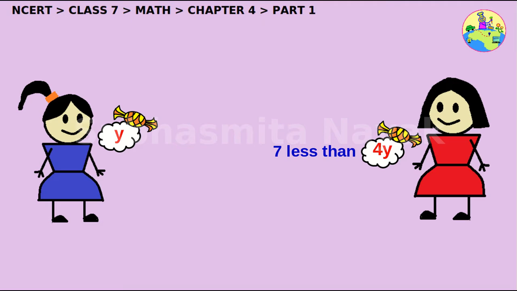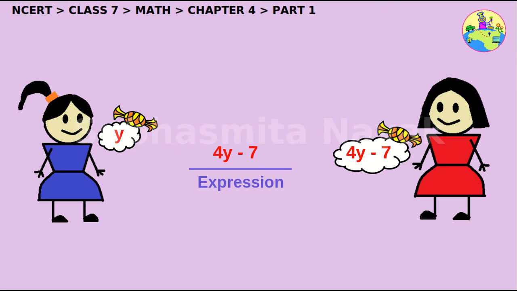Then 7 less than 4 times the number of chocolates Sarah has can be written as 4y minus 7. Here we multiplied y by 4 and subtracted 7 from the product. Hence 4y minus 7 is called an expression.